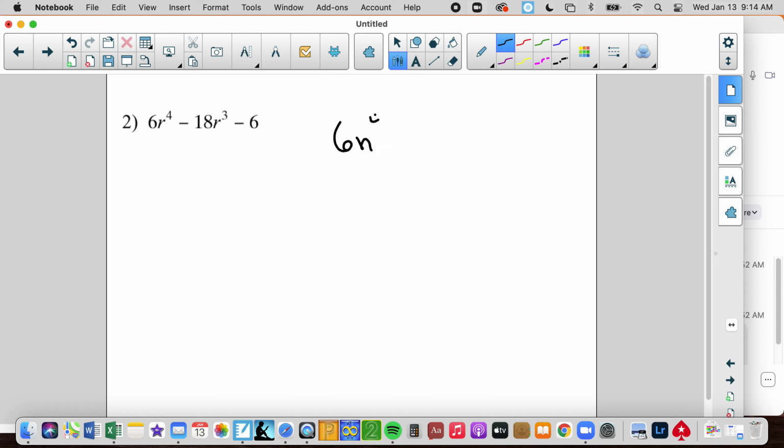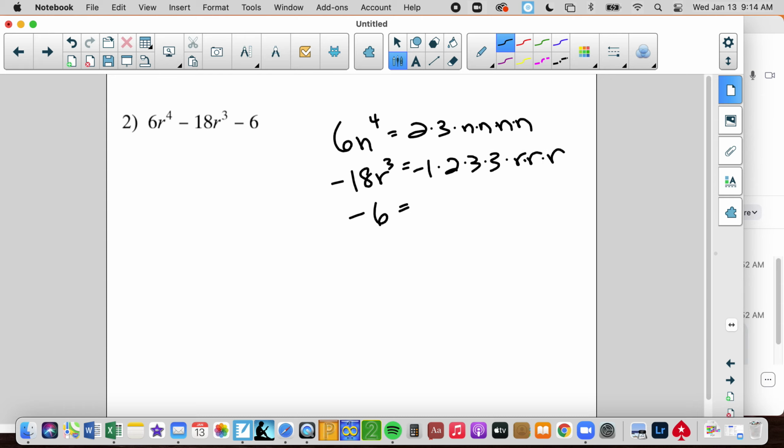So the beginning of each step is doing the prime factorization. That's 2 times 3 times n times n times n. We have negative 1 times 2 times 3 times 3 times r times r times r. We have negative 1 times 2 times 3.